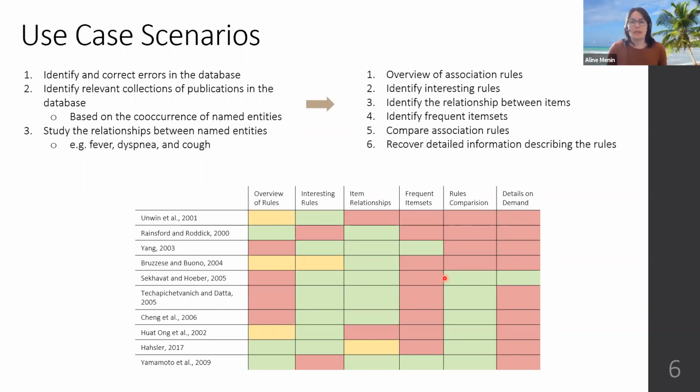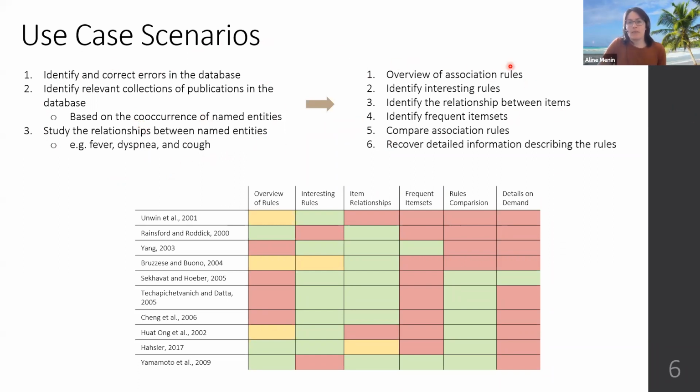And for that, when we are exploring association rules, we have a set of 6 exploratory tasks that we identified also in the literature that allows us to perform these explorations.